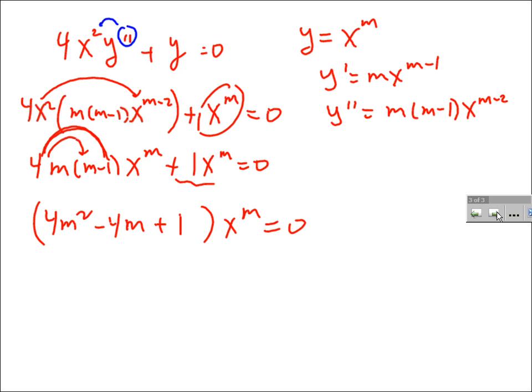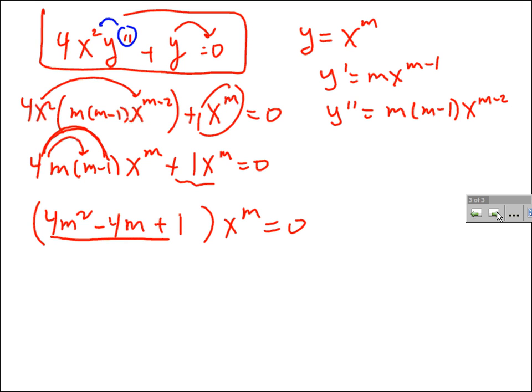Unless x is 0. Now if x is 0, then this equation just says y equals 0. Y equals 0 is the answer. Okay, but if x is not 0, then this must be 0.